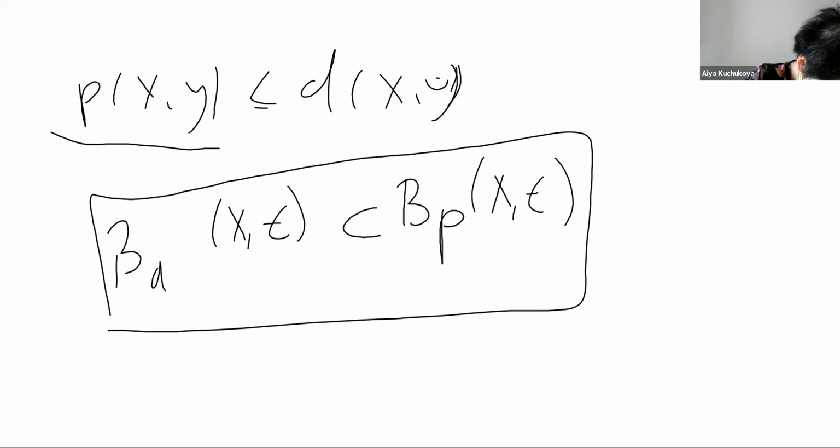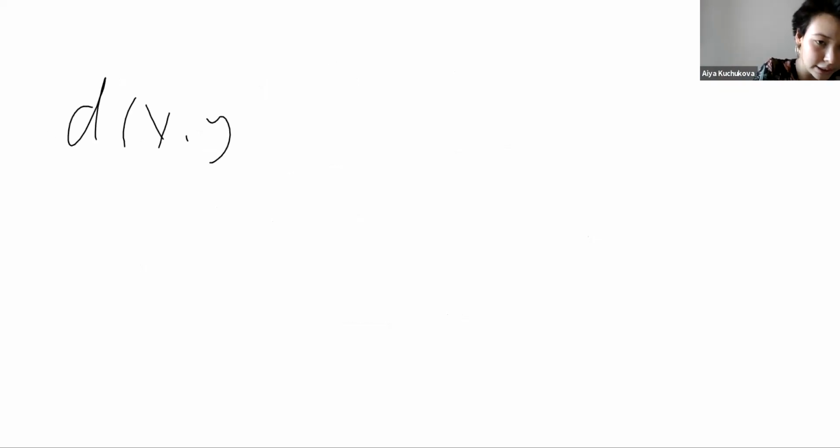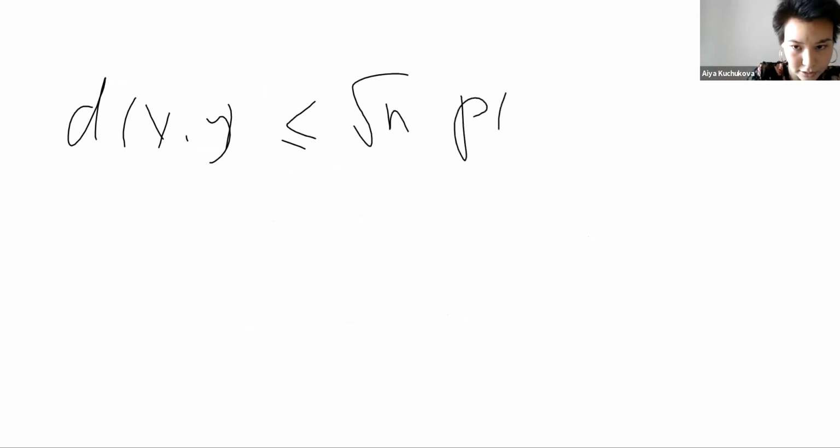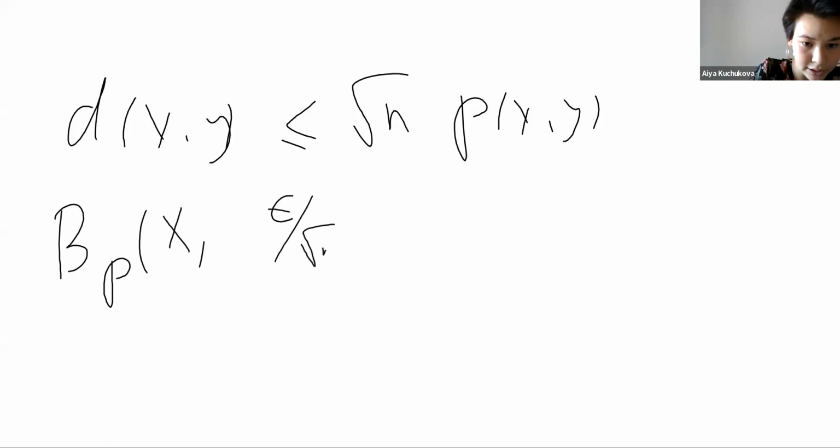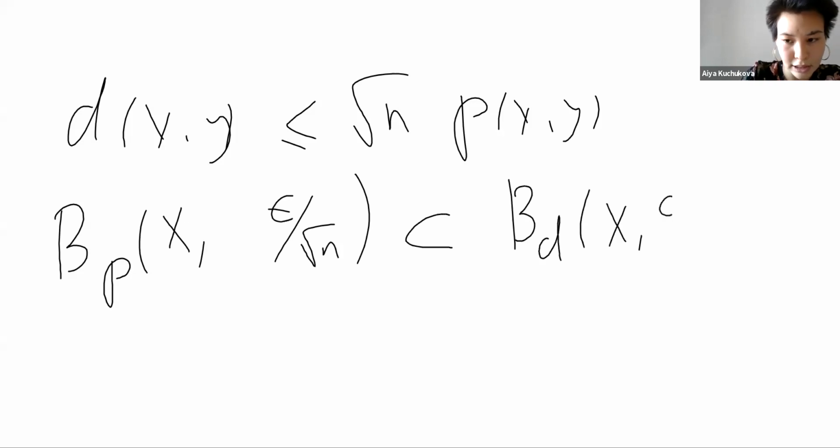We can do quite the same thing with the other statement, because we know that d(x,y) is less than or equal to square root of n times p(x,y). They always differ only by square root of n. So we take a ball with metric p around x, take epsilon and divide it by square root of n, and it will be contained in the ball B_d(x, epsilon).